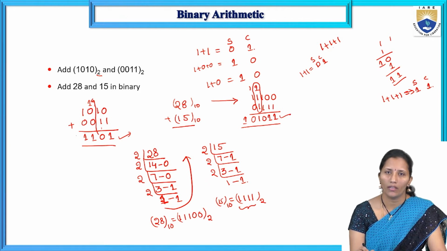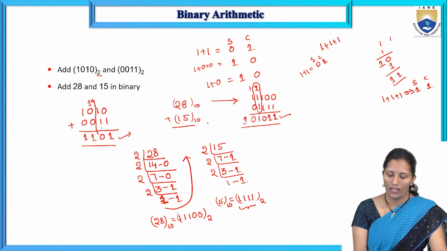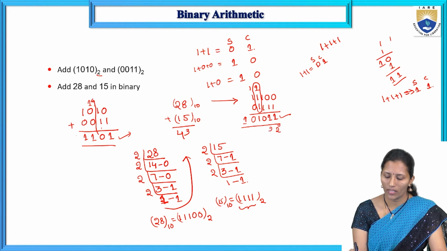Okay. If you want to verify whether the answer is correct or not, 28 plus 15 is 43. So here the first LSB, the weight is 2 power 0. This is 2 power 1, 2 power 2, 2 power 3, 2 power 4 and 2 power 5. Okay.